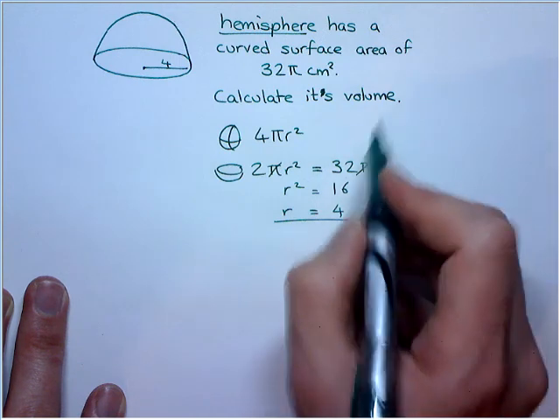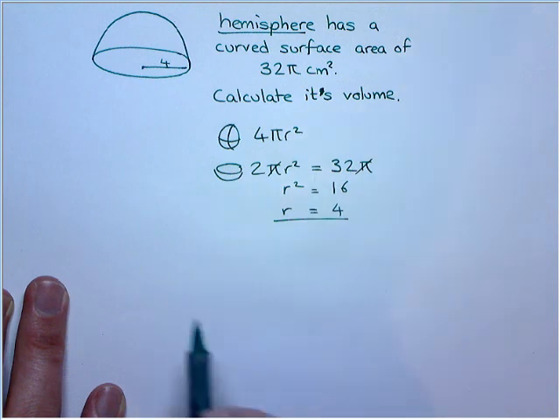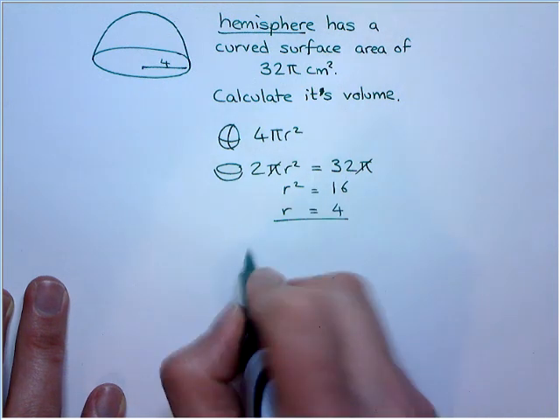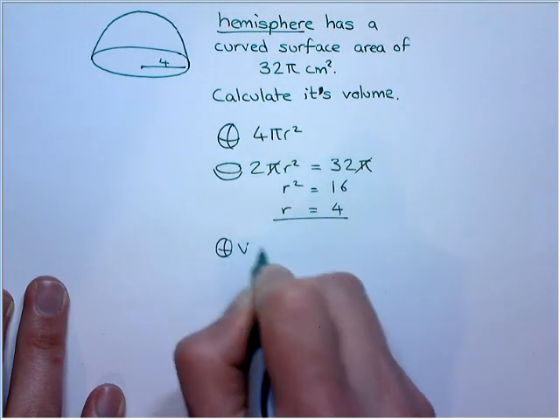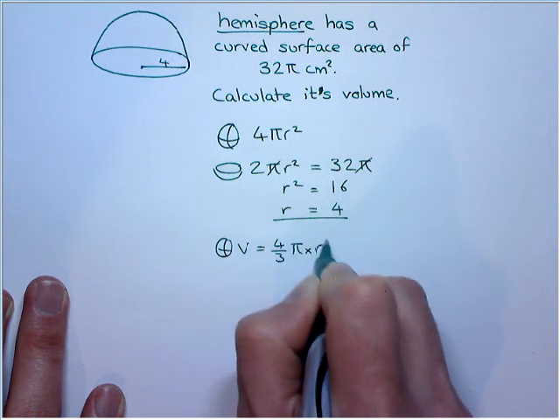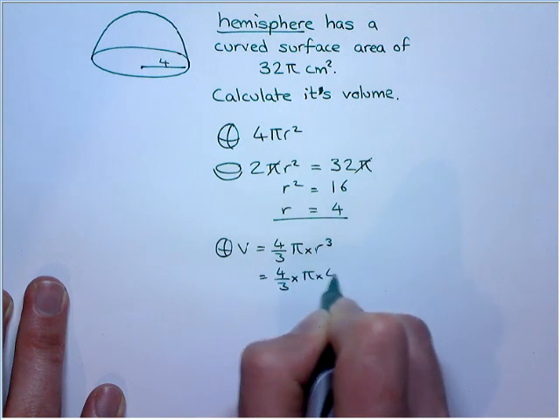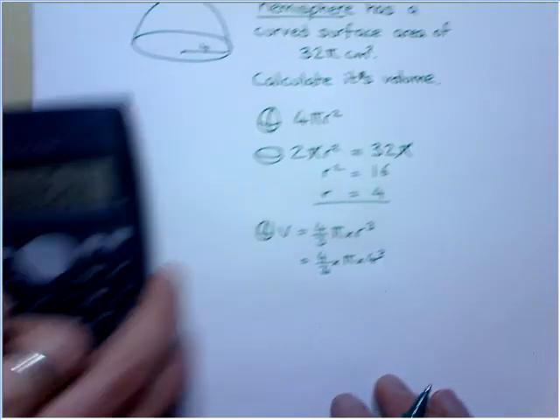And we're asked to find its volume, and I do apologise for my awful use of an apostrophe there. I have tried to cross it out. So the volume of a whole sphere is 4/3 pi times radius cubed. So we know the radius is now 4. So I'm going to type that in.